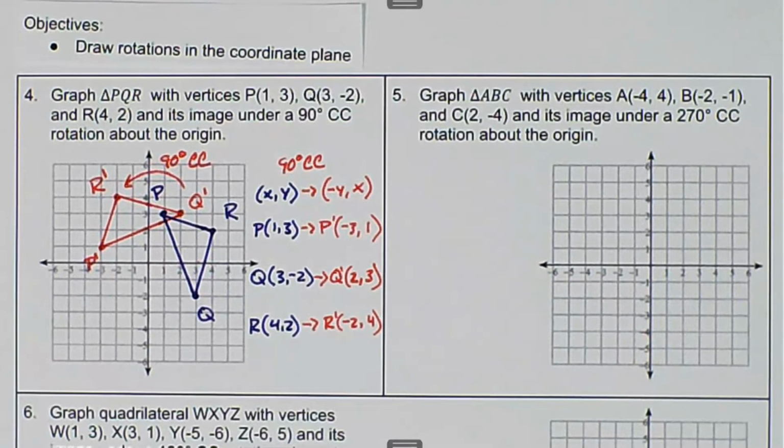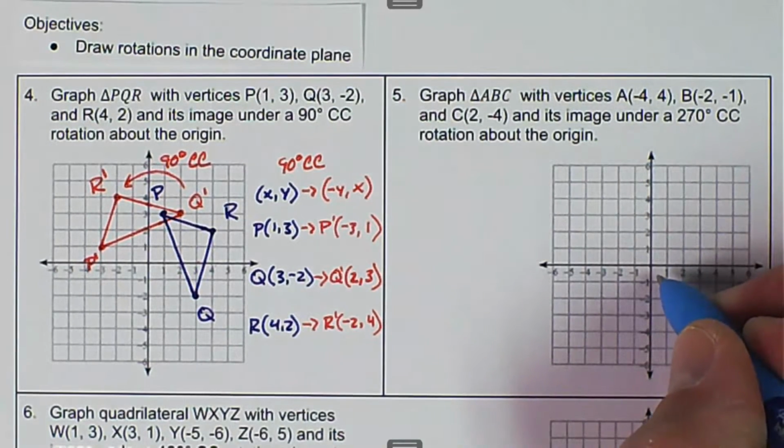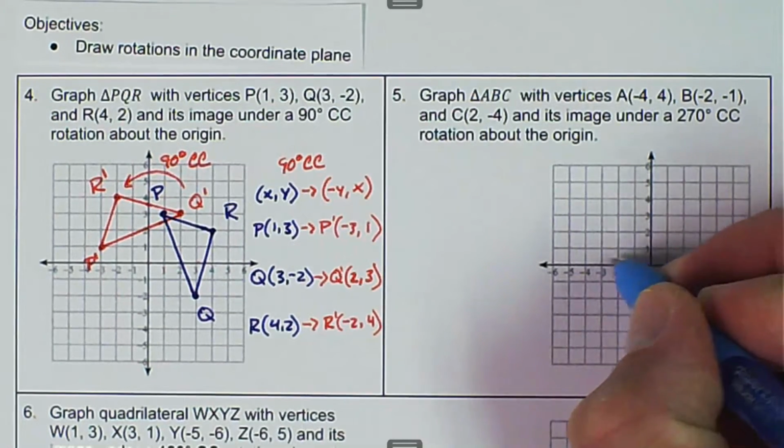Graph triangle ABC with vertices A is -4, 4, B is -2, -1, and C is 2, -4, and its image under a 270-degree counterclockwise rotation about the origin. So the first thing is we have to draw our pre-image. So our A value is going to be -4, 4.